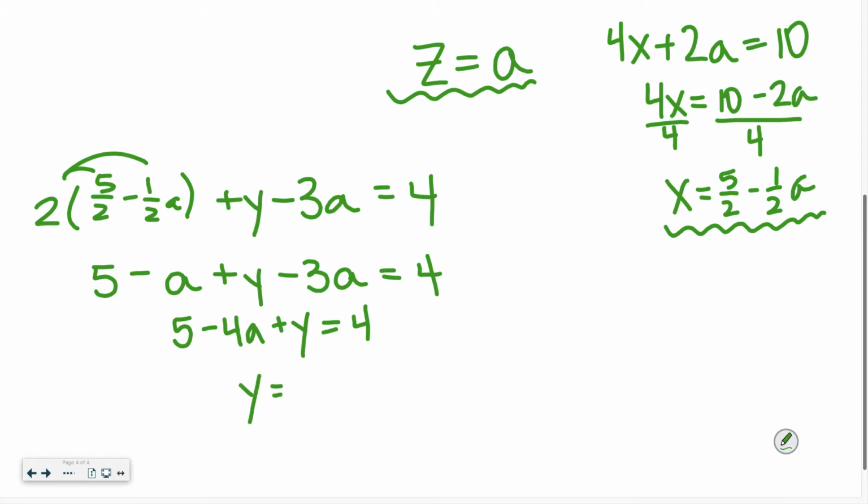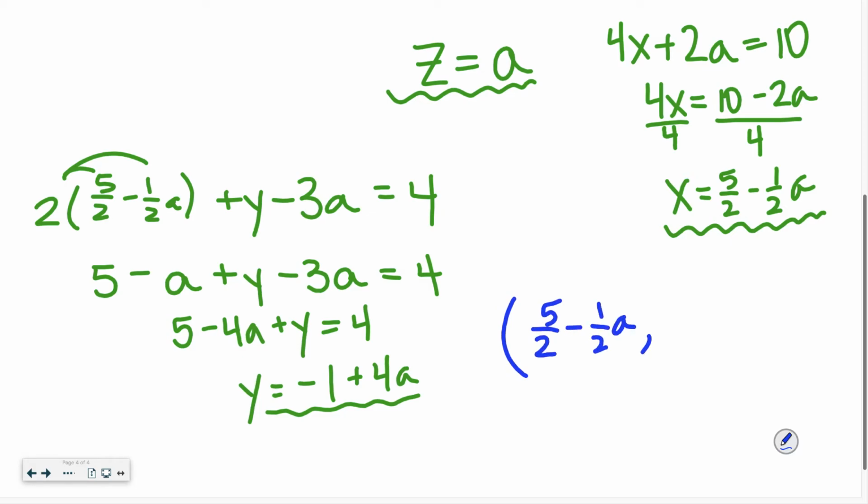So y would equal, if we subtract the 5 over, negative 1, and if we add over the 4a, plus 4a. So you would give me the ordered triple of 5 halves minus 1 half a, comma, negative 1 plus 4a, comma, a.